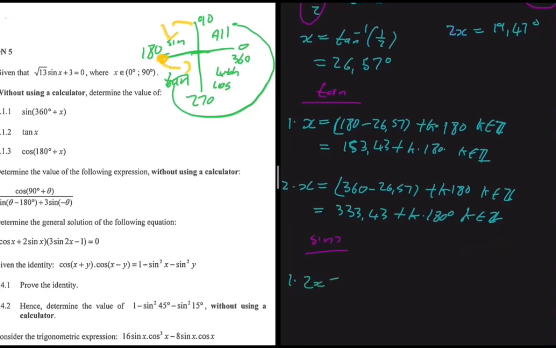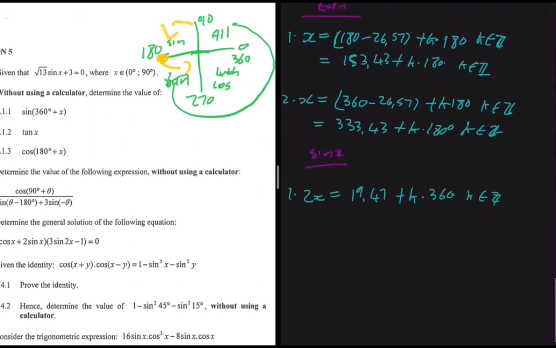So we have 2x equal to, in the first quadrant, we just use the angle as it is, 19.47 plus k multiplied by the period of sine. What is the period of sine? The period of sine is 360, so we have 360k, k an element of integers.